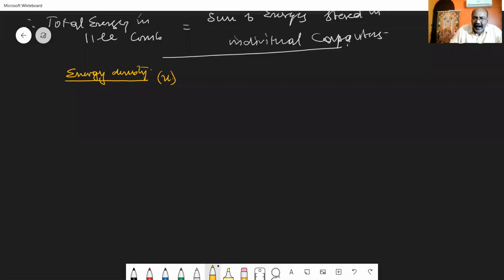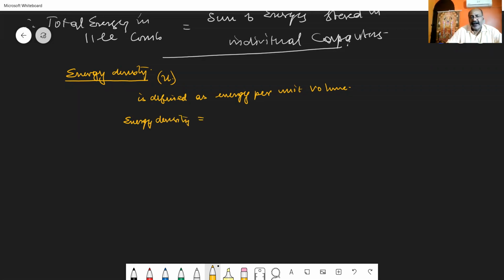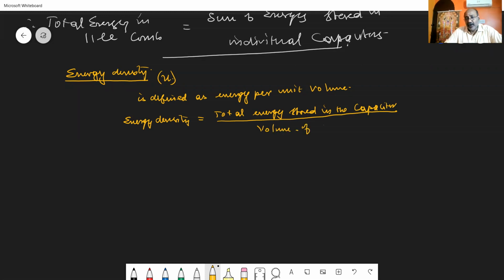Energy density is defined as energy per unit volume. So I can write: energy density is equal to the total energy stored in the capacitor divided by the volume of the capacitor, or actually the volume of the electric field.